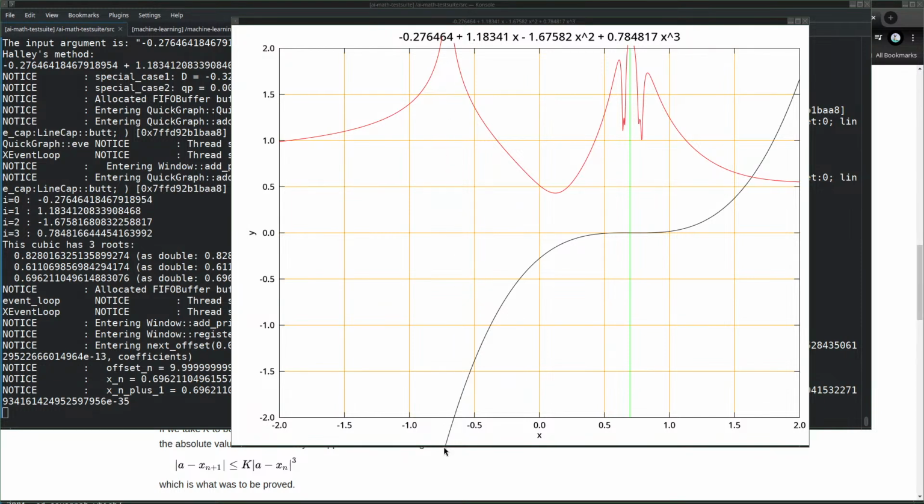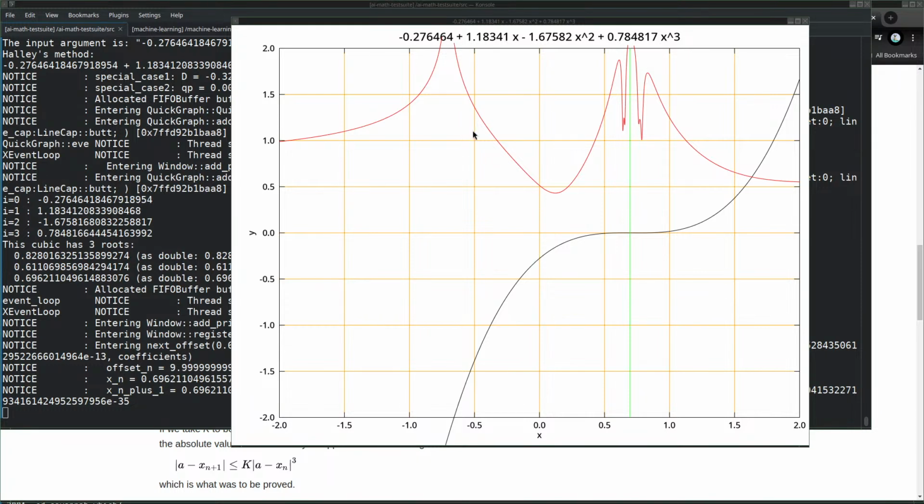So if you apply Halley's method here, and then the next step, the next value of x is here, which means that the relative error in xn plus 1 is very big, because the error just doesn't change, but we divide by 0 suddenly here.